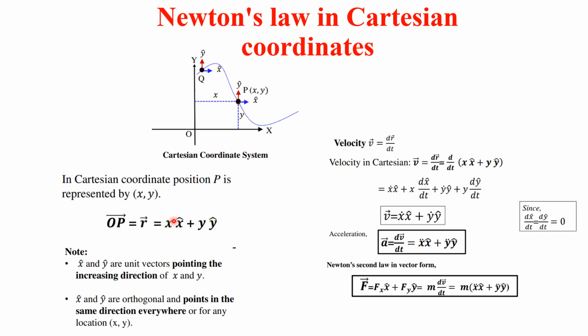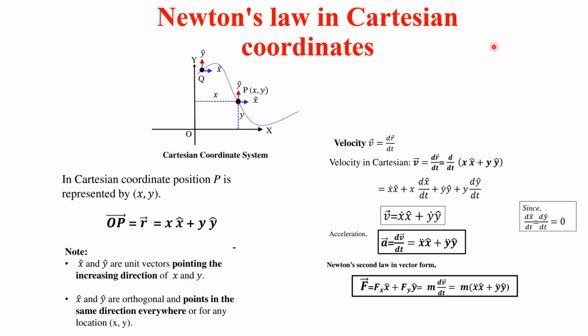Here x cap and y cap are unit vectors pointing in the increasing direction of x and y. They are orthogonal, perpendicular to each other, and point in the same direction at any location.